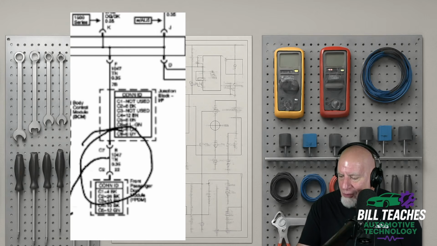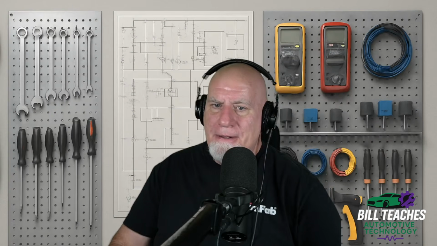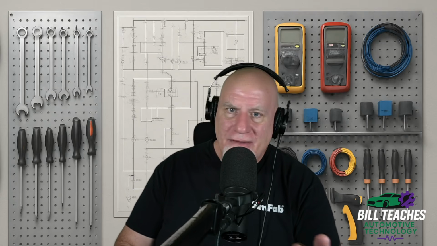So I hope that through this video, I have taught you a really quick way of narrowing down, of isolating the different modules to find out why you can't communicate with any module.